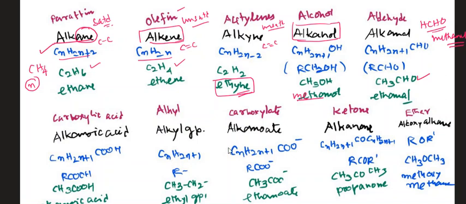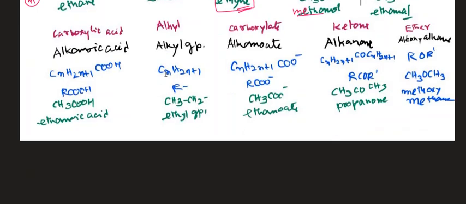Then now let us come to carboxylic acid. I hope we already discussed the functional groups. In the case of alcohol, it is OH. What is the functional group of aldehyde? CHO is the functional group of aldehyde. And the alkyl group, CnH2n+1, is represented as R. Then carboxylic acid can be called alkanoic acid.